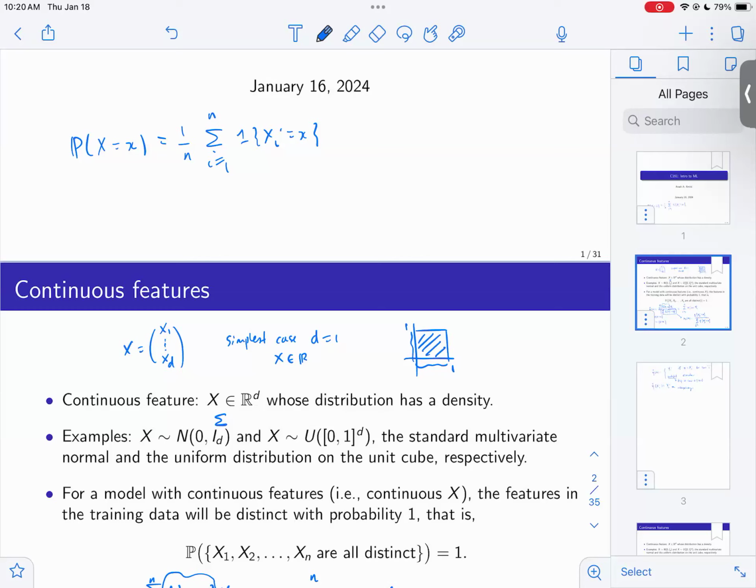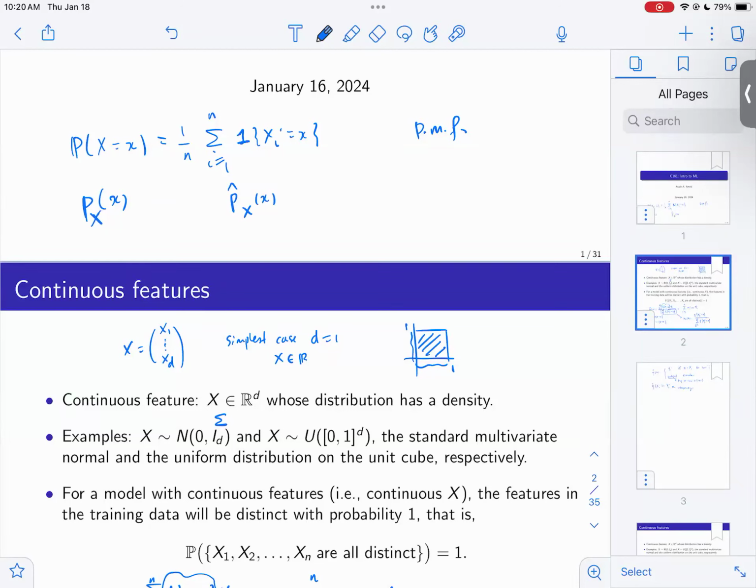So this is the marginal distribution, like a probability mass function as little x varies. In the continuous case, I can replace it with the density of x, and then somehow I have to modify this to get an estimate of the density.